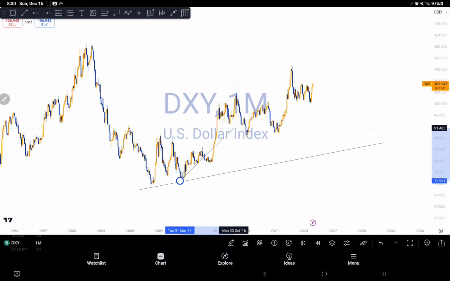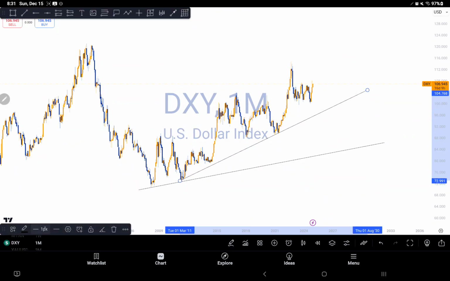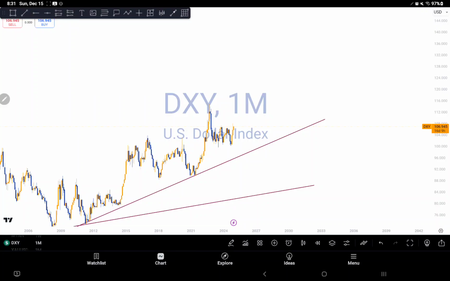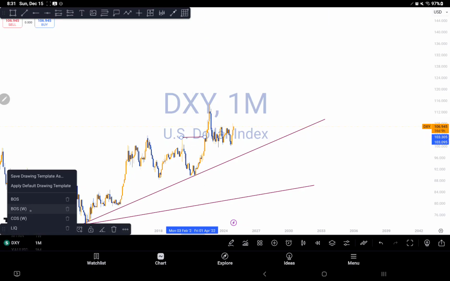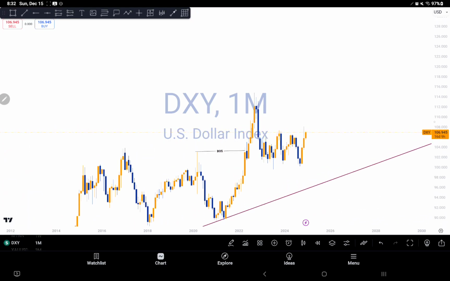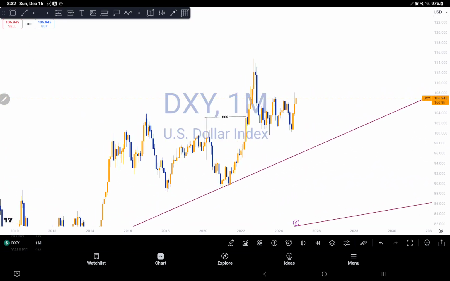Let's go to the next time frame. Right here, we can see that we have a break of structure here. So we have this break of structure right here, right?